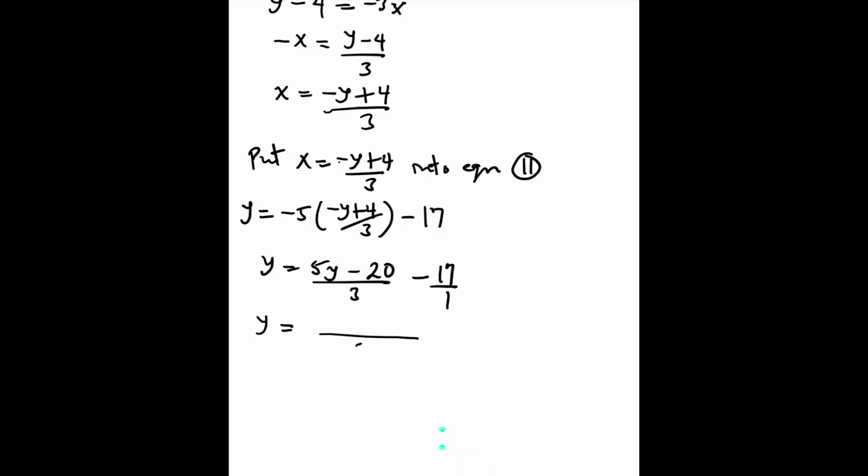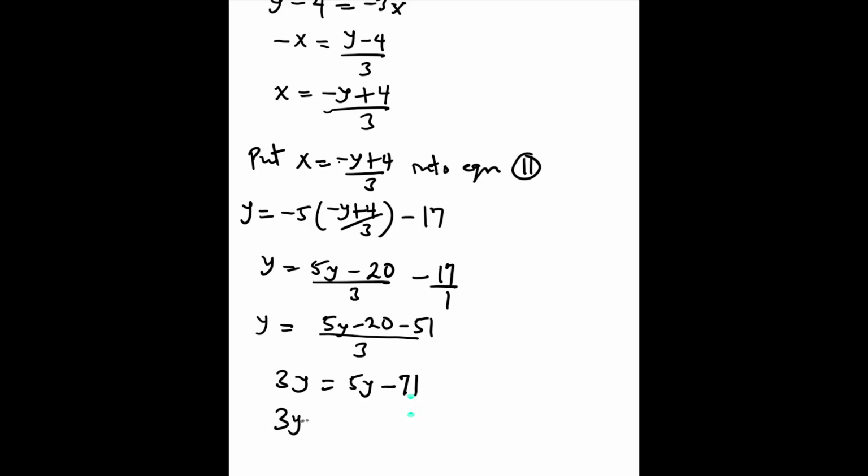Okay, so y will be equal to, 3 times 1 is 3, 3 divided by 1 is 3, 3 times 17 will give us minus 51. Okay, so if we cross multiply, 3y is equal to 5y minus 20 minus 51, which is minus 71.